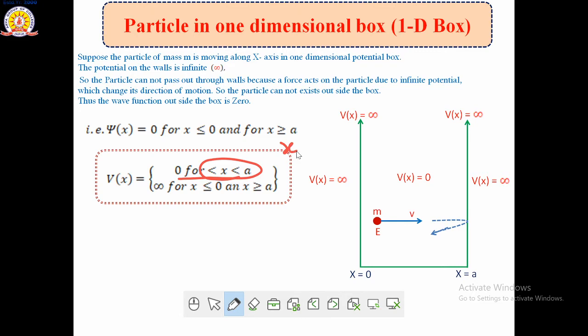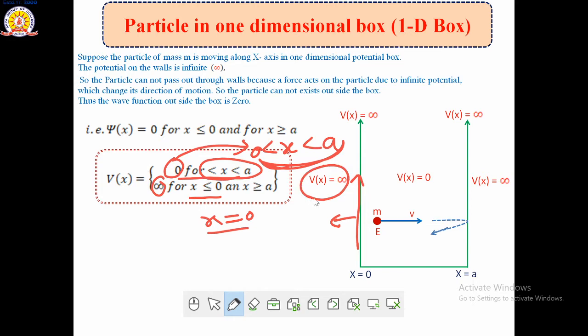So the particle will move within this width of the box. Outside the box the potential energy is infinite. For x equal to 0, at the first wall, the potential energy will be infinite, and for x less than 0, that part too.